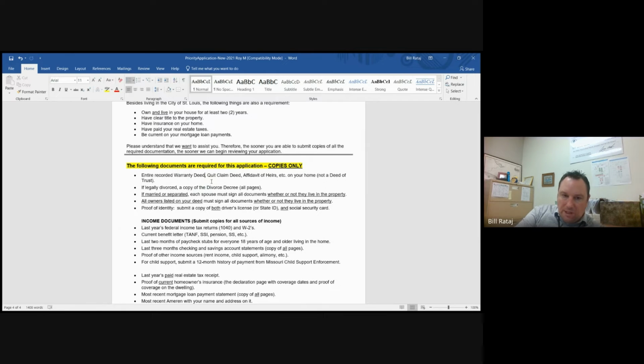A warranty deed or a quitclaim deed are the most common sources of property ownership, so that prove that you own the property. So a lot of times if you had a mortgage, you're going to have a warranty deed, or if you bought the house from someone, you're going to have a warranty deed.